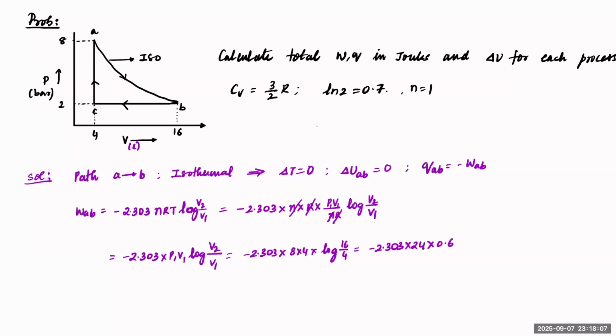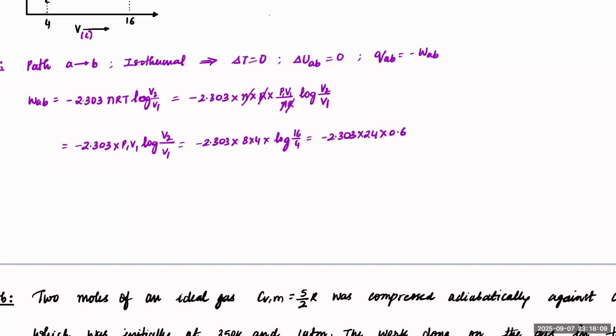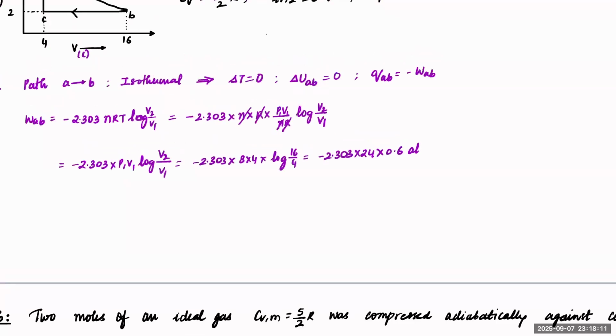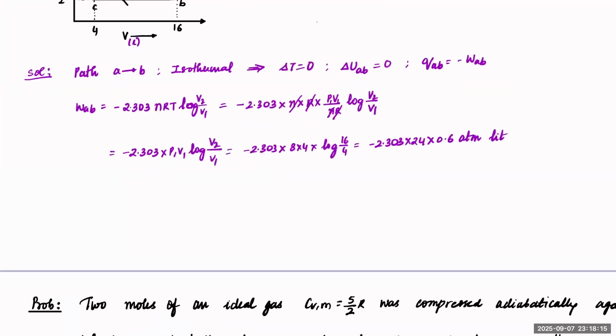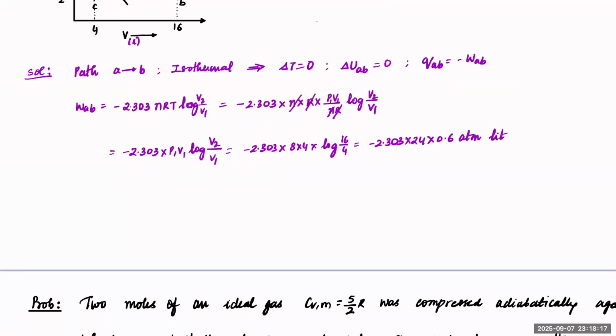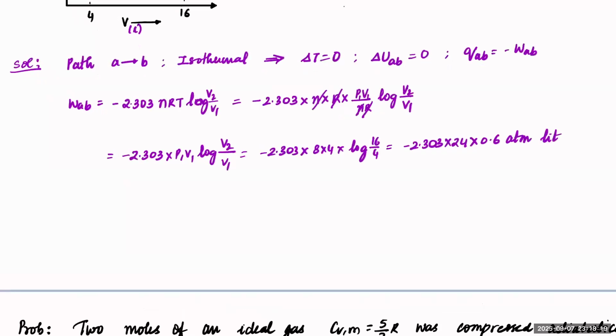Now, all of this information, whatever we are getting, is actually in atm liter. So this is an expansion, that's why the negative value is observed. And then Q of AB will be equal to minus W, which is plus 2.303 into 0.6 into 24 atm liter.